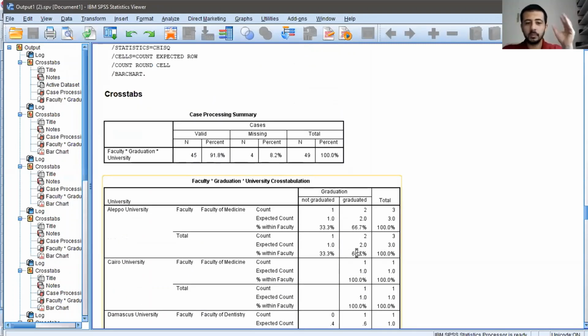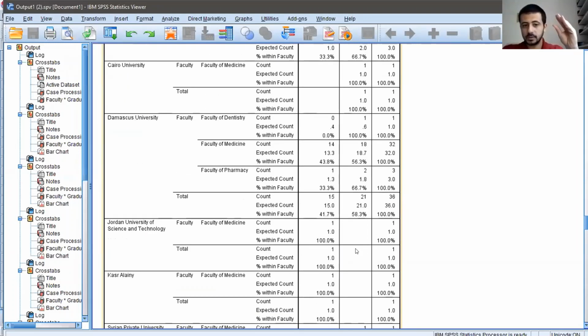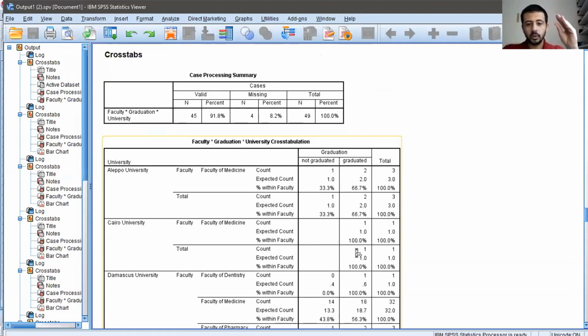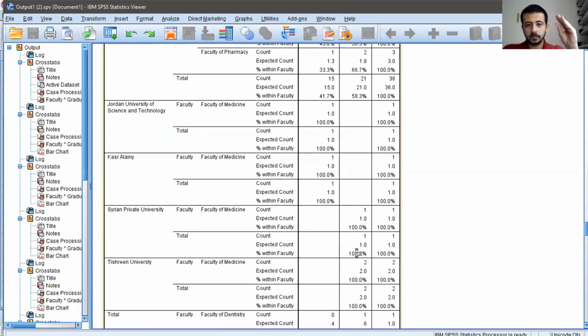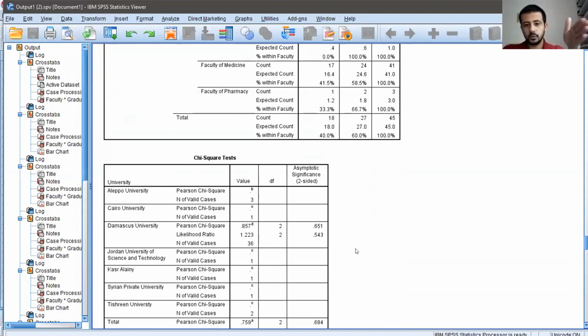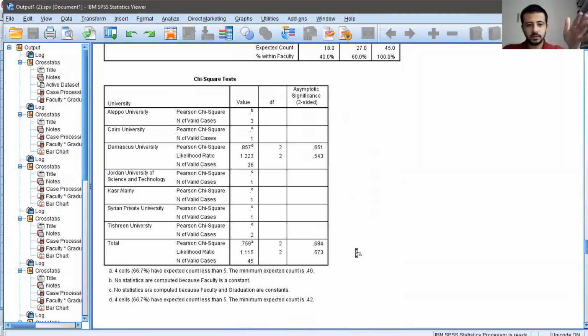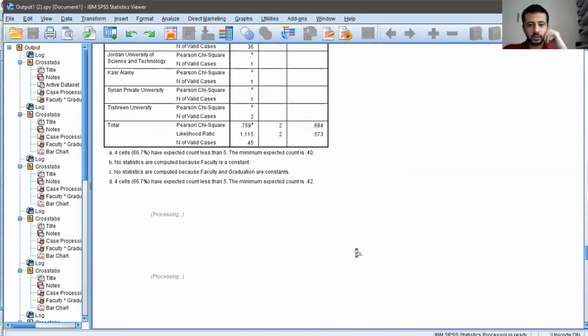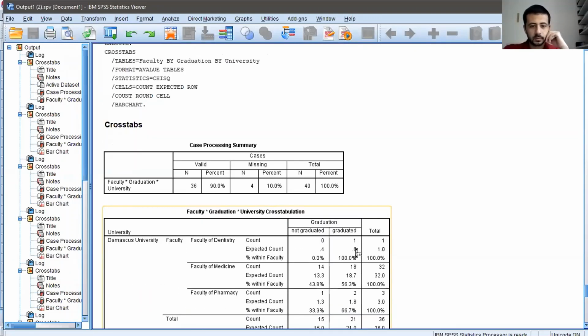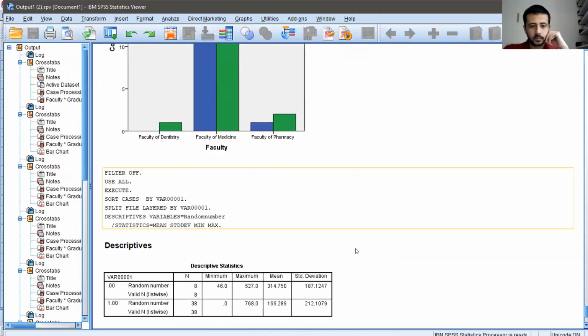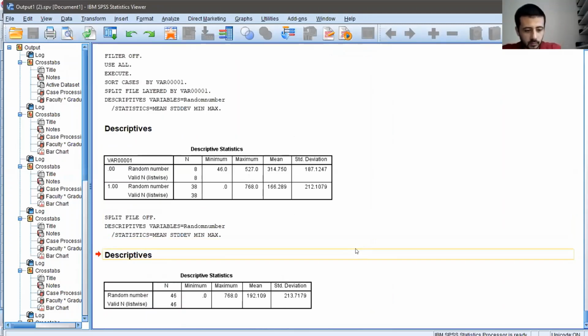If you remember, we merged the categories. And when we merged the categories, this is for stratification, and this is not important. This is for the splitting file.